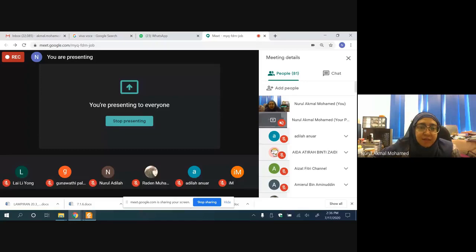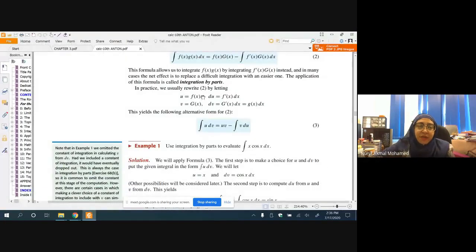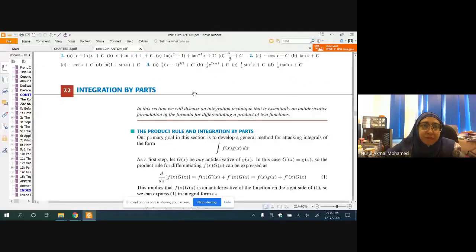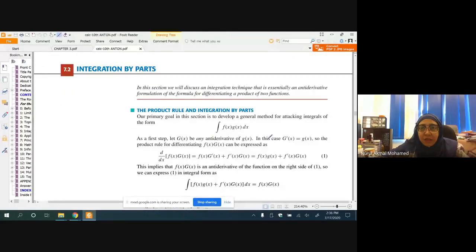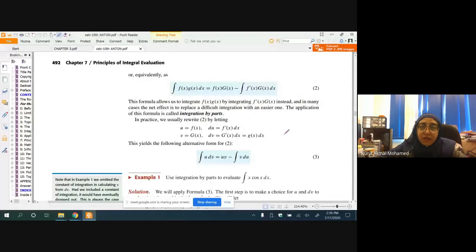Okay, let's start now. I think we stopped at integration by parts. When you are given questions on integration, normally you start with substitution.